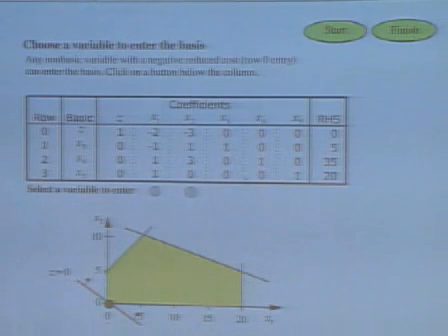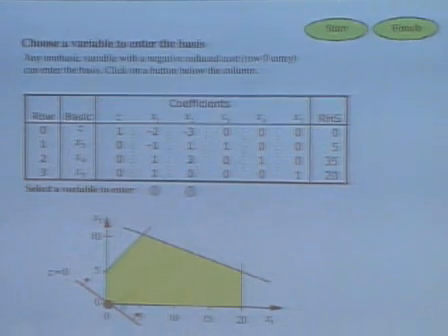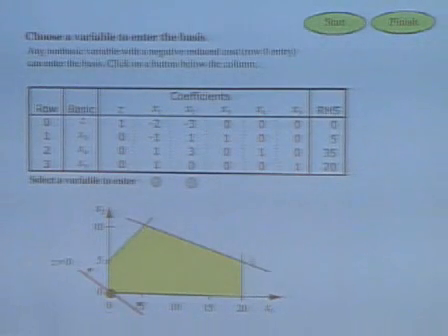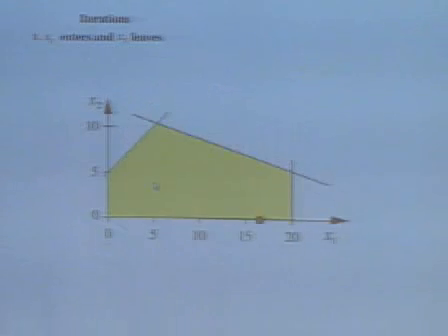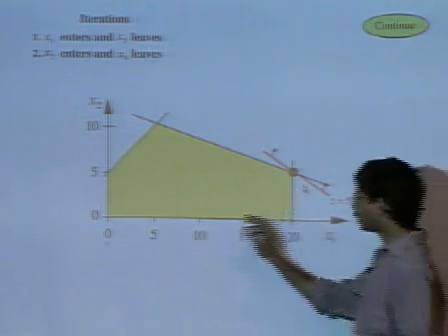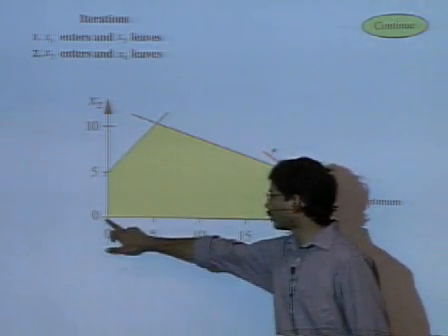So if you recall, when we picked x2 to enter the basis, we went here, and then there. So we did 3 iterations of the simplex method. If you pick x1 instead, then you're going there and going up. So, as you can imagine, if you pick x1 to enter the basis, you would go from the origin.